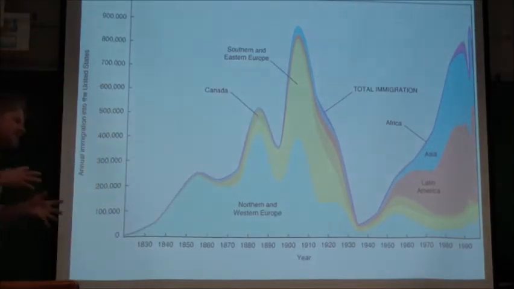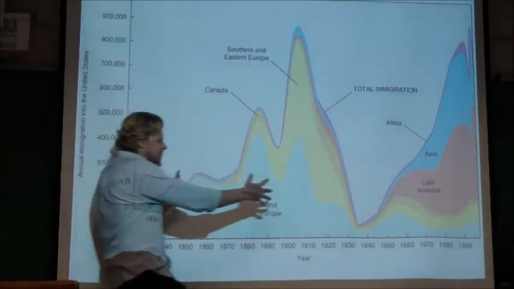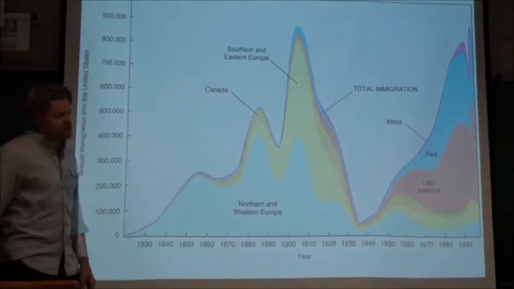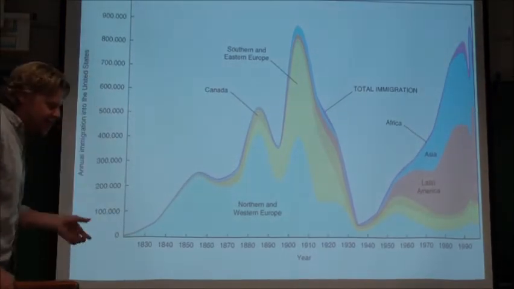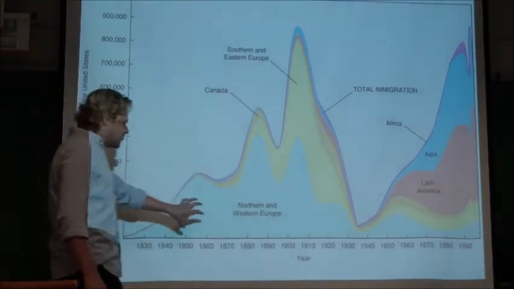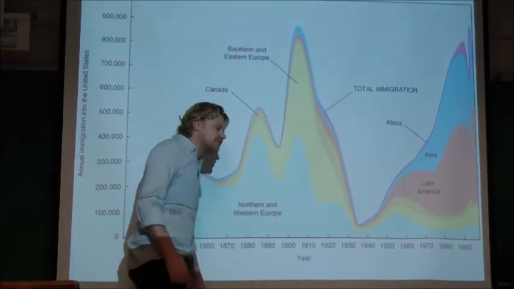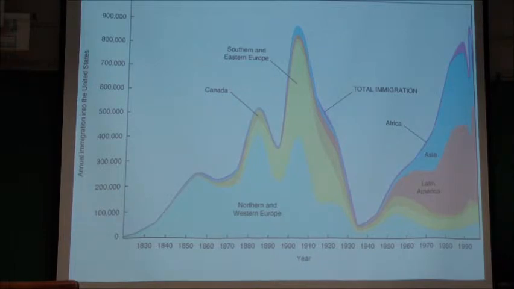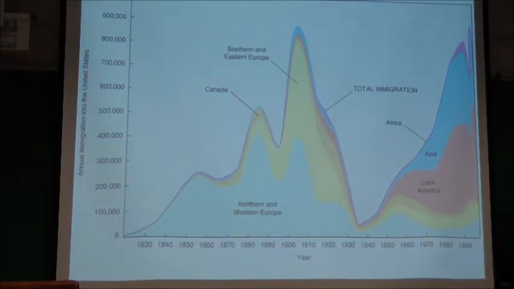Then we kind of have, within this first wave of Europeans, a change to more of the Southern and Eastern Europeans. So that first wave is kind of divided up into two waves, Northern and Western, but then later Southern and Eastern. So if you're Italian, if you're Greek, if you're Serb, if you're Russian, if you're Polish, Czech, anybody else?